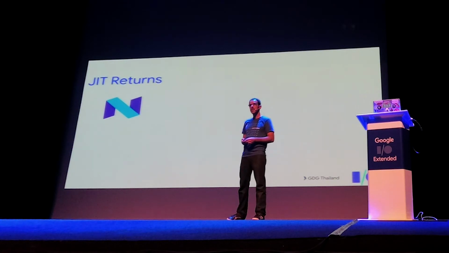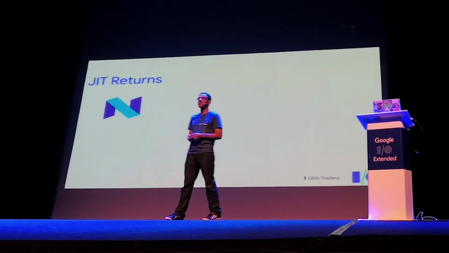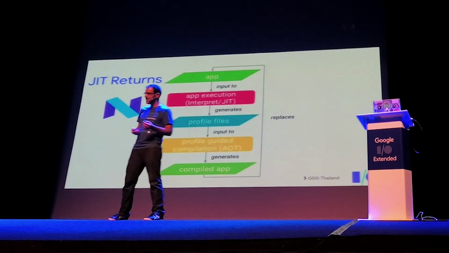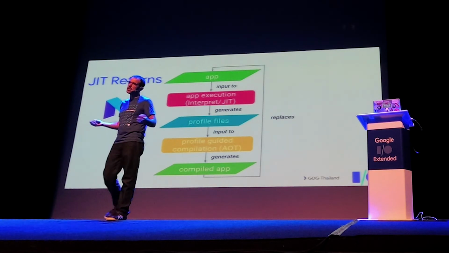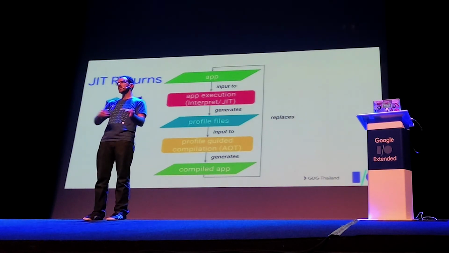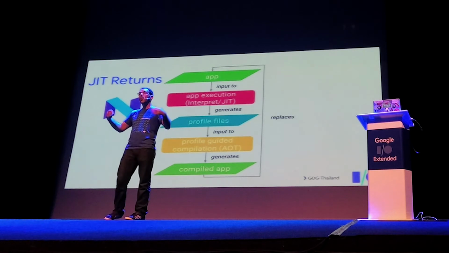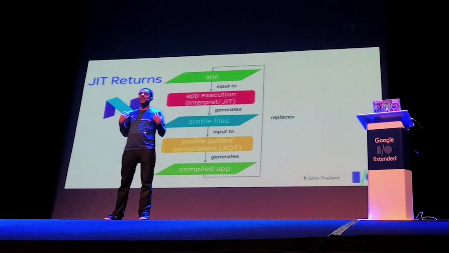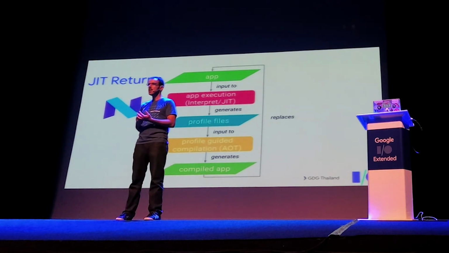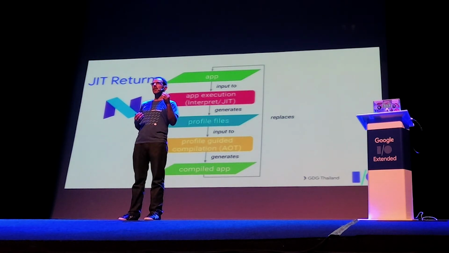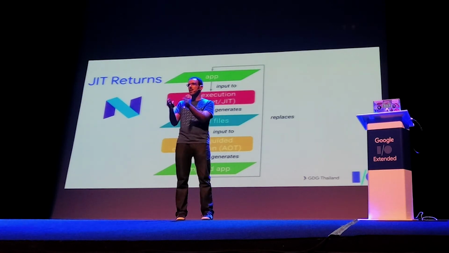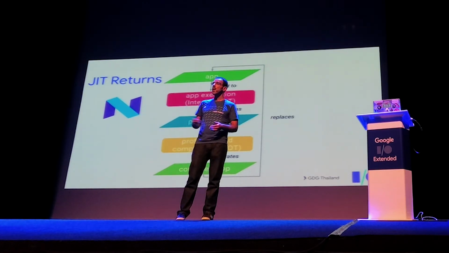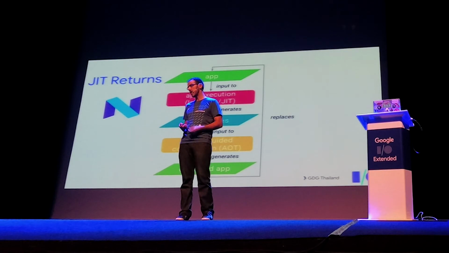But in Nougat, just-in-time compilation returns. And what does that mean? This is a hybrid model, actually, in Android. So instead of having to choose between just-in-time compilation or ahead-of-time compilation, we can create a hybrid model where we profile the startup of the app with just-in-time compilation and then provide these results when we are installing the app.